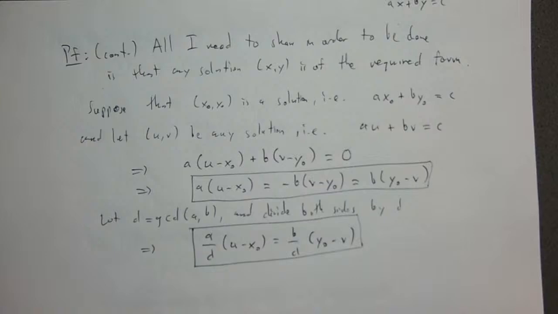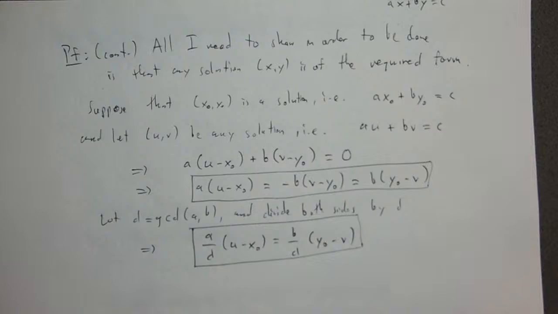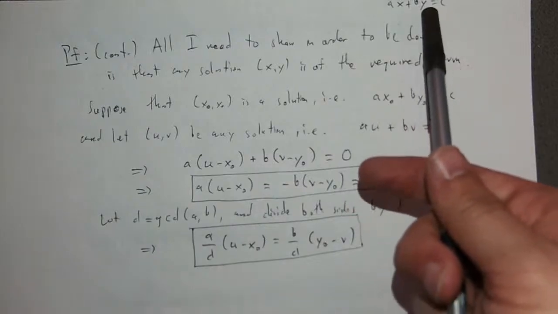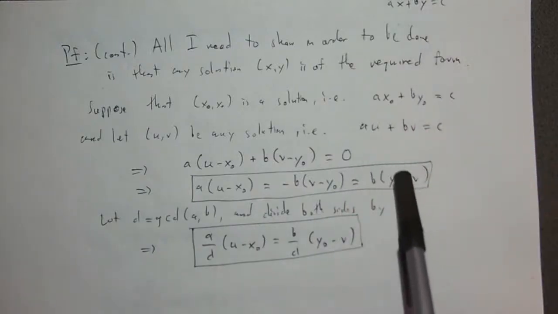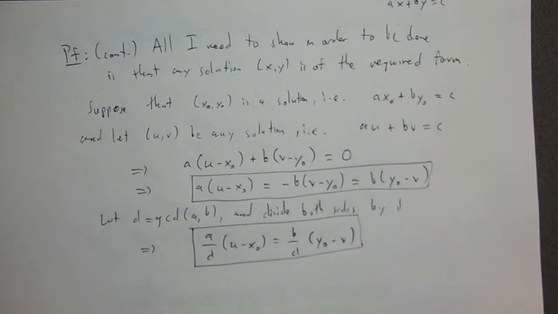So basically, there's no restriction on x. And in this case, say v is just c divided by b, which is an integer, since this is just the statement that b divides c. And that's exactly the statement of the theorem anyway. In that case, I would be done.